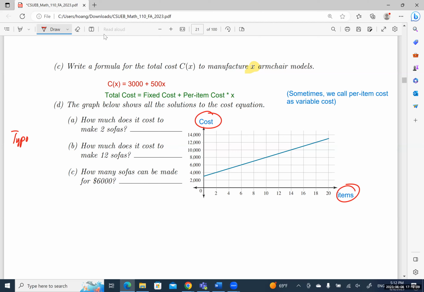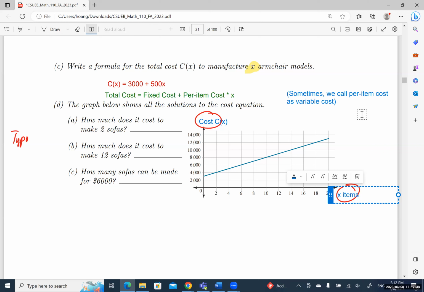The cost will be labeled as C of X, and the number of items here is X. Actually, I would not say demand, I just say the number of items here.